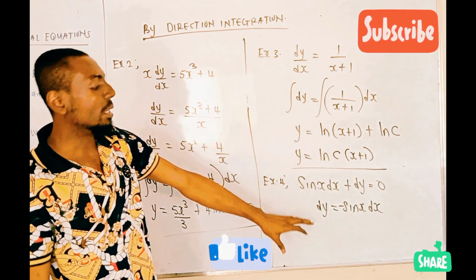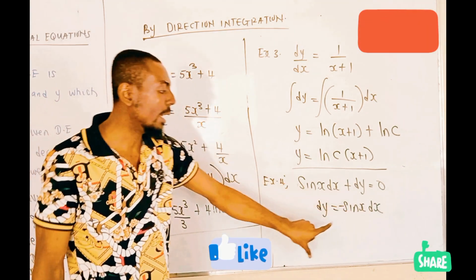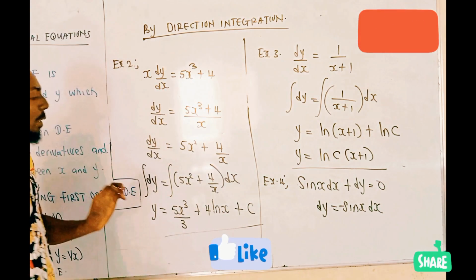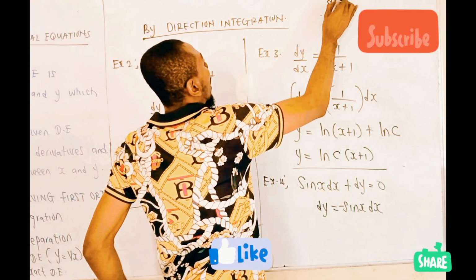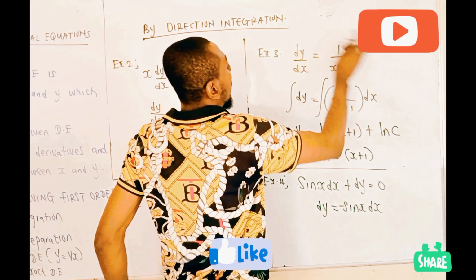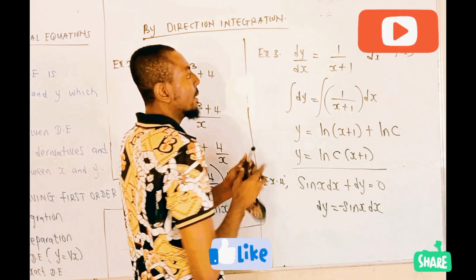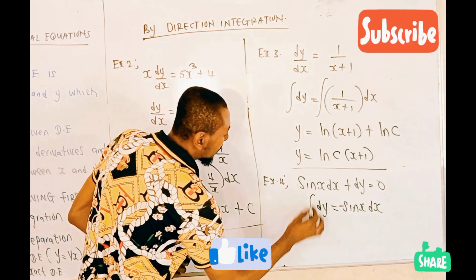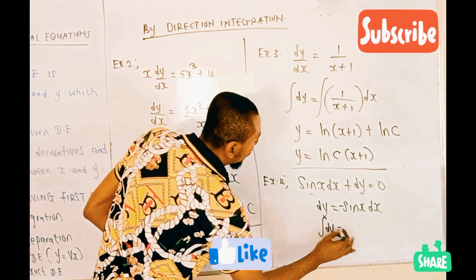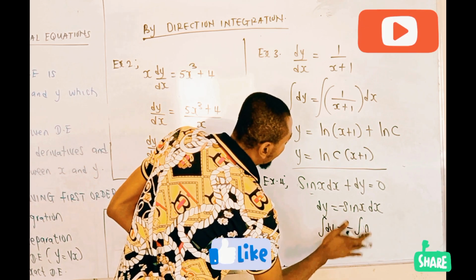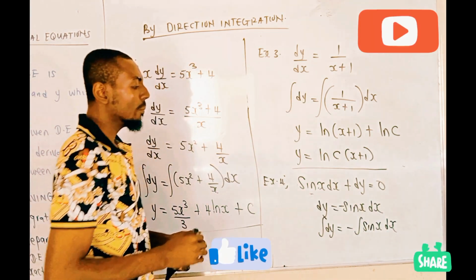You can see if you bring this dx under here, it meets the particular condition which we have been working with, the condition that says that dy over dx has to be equal to f of x. So we can integrate directly. We have the integral of dy is equal to minus integral of sine x dx.